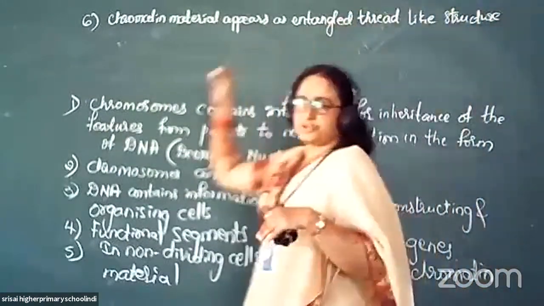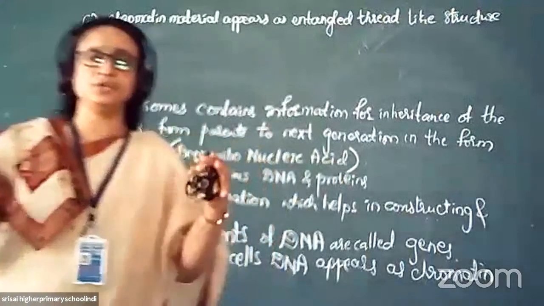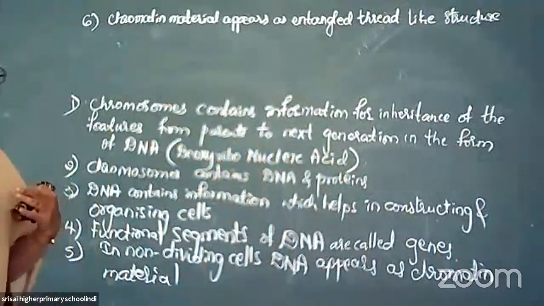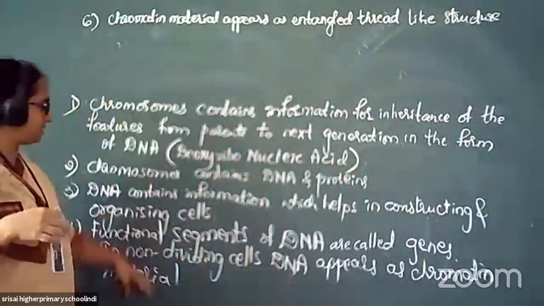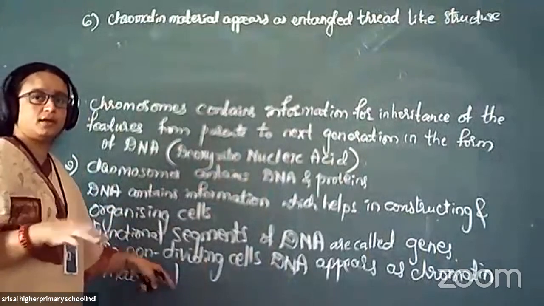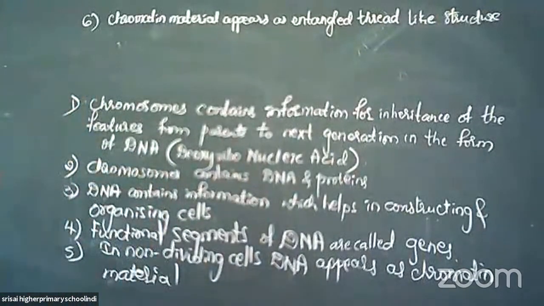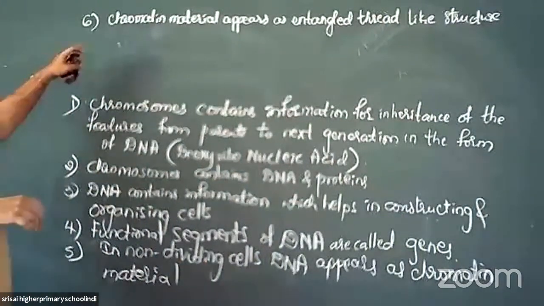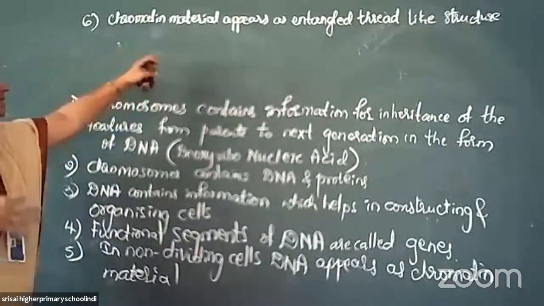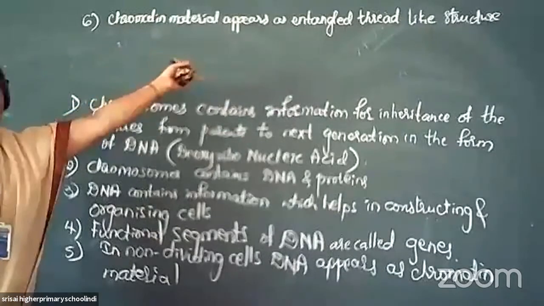When again the cell wants to divide, that thread gets converted into rod-shaped chromosomes. Okay. When the cell is not supposed to divide, the DNA will be in the form of chromatin material. How does that chromatin material appear? It appears as an entangled thread-like structure.